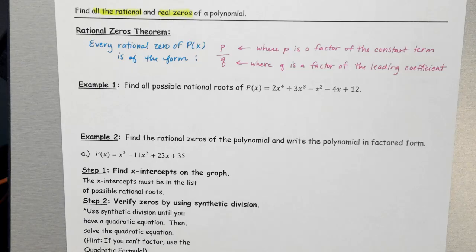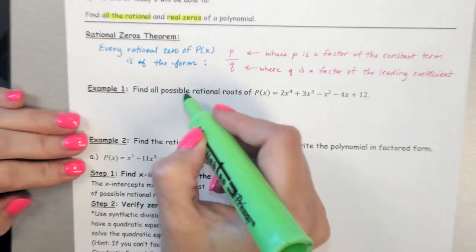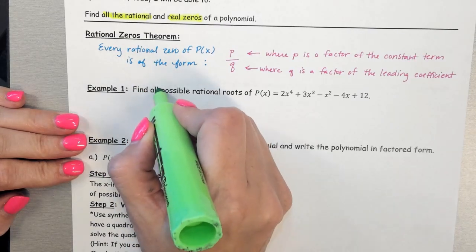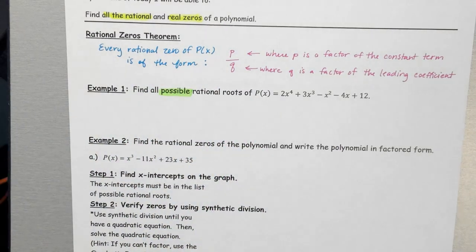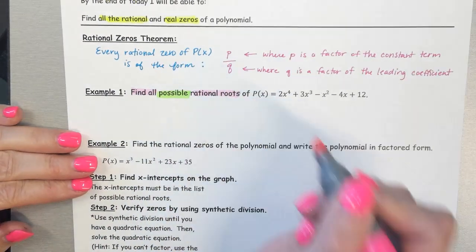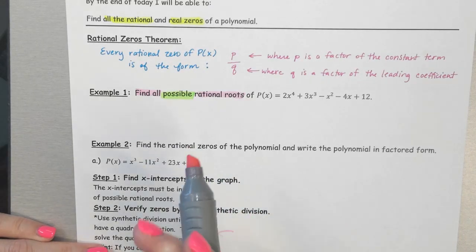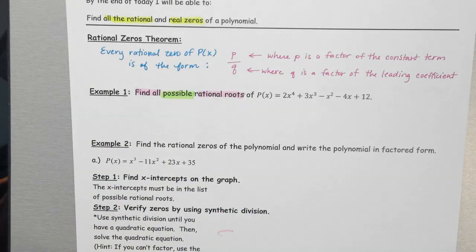So I want you to pay special attention to the directions. In example 1, it says, find all the possible rational roots. Okay, that keyword there being possible, that's going to be a little bit different. If you look at example 2, you're going to be finding the rational zeros there, and it doesn't say possible, so it is a little bit different there.